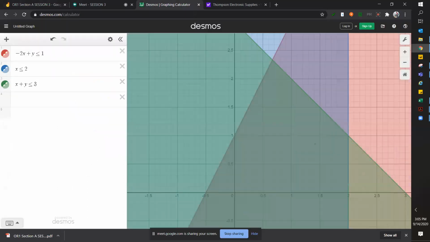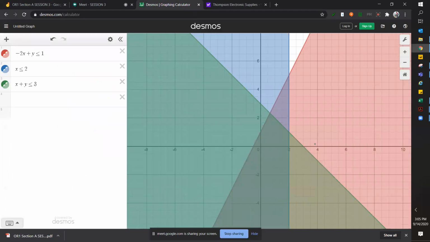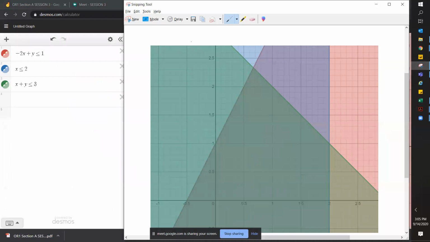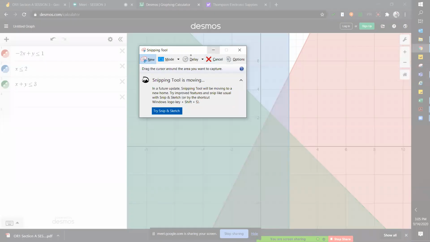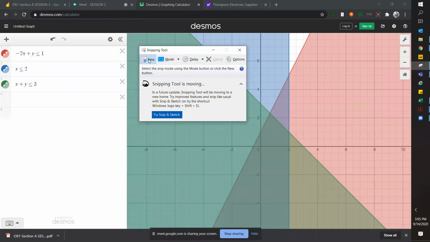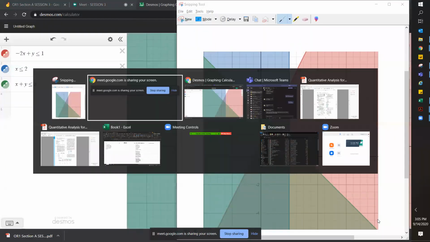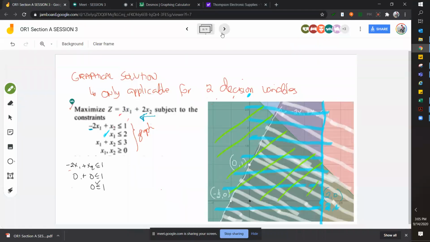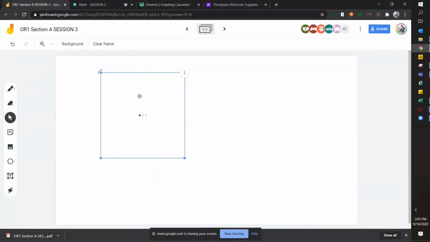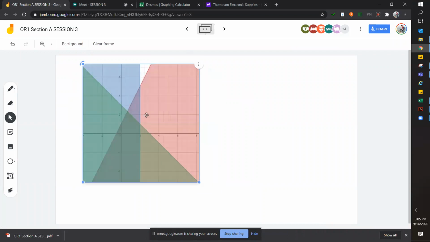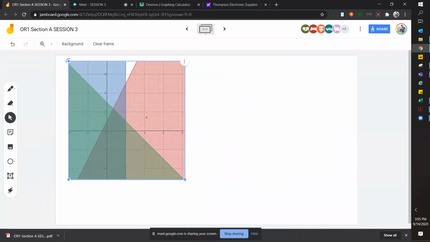Puntahan ko lang to dito sa online demos. Asan yung intersection niya dyan? Ito. Kunin ko lang ulit para malinaw. Okay. Kita niyo yung intersection ng mga lines na yan? Guys?